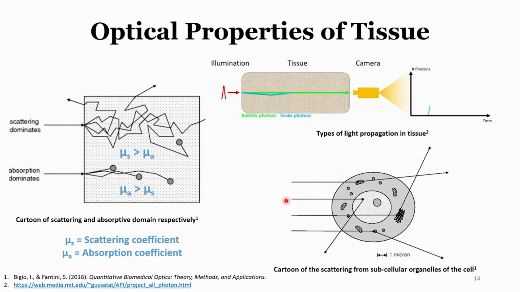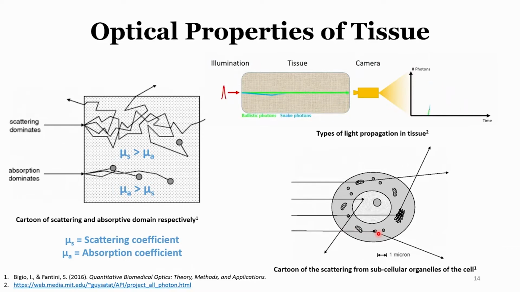We also see that the light is hitting the nucleus inside this cell and it is getting back scattered. Some of the photons which pass through the cells get refracted to very large angles, and then there are some other photons which are getting refracted again by some other organelles of the cells.